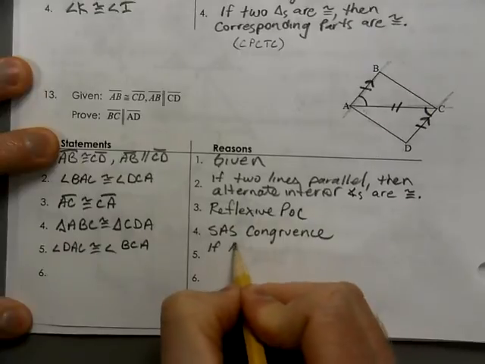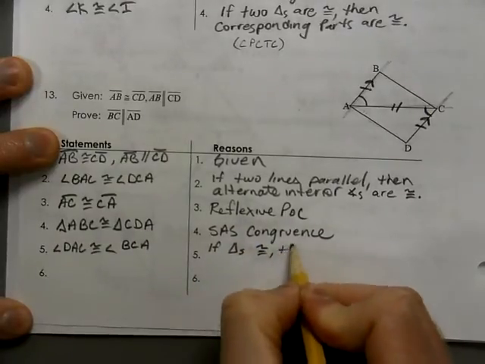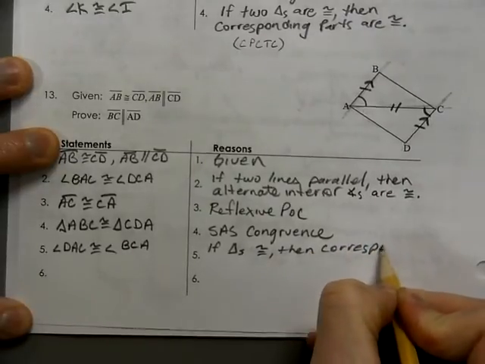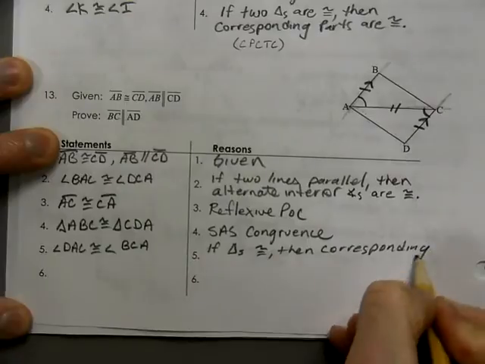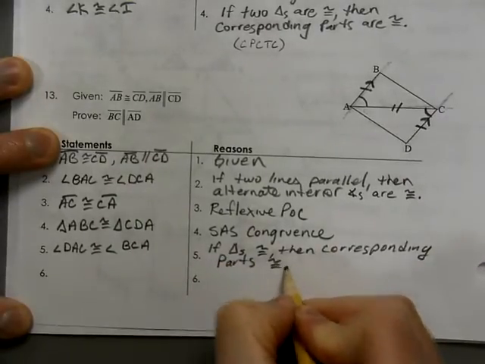If triangles congruent, then corresponding parts congruent.